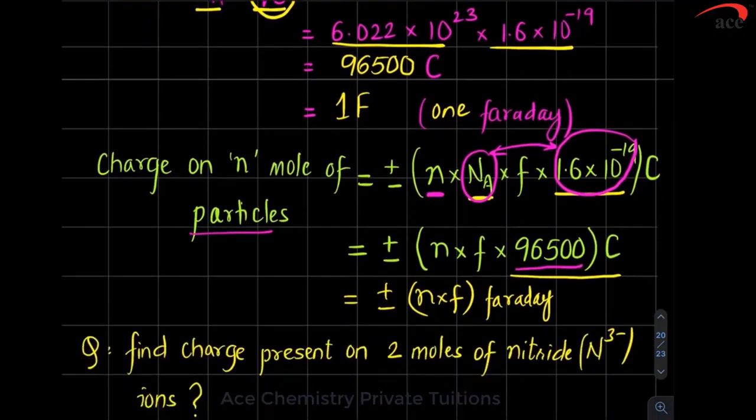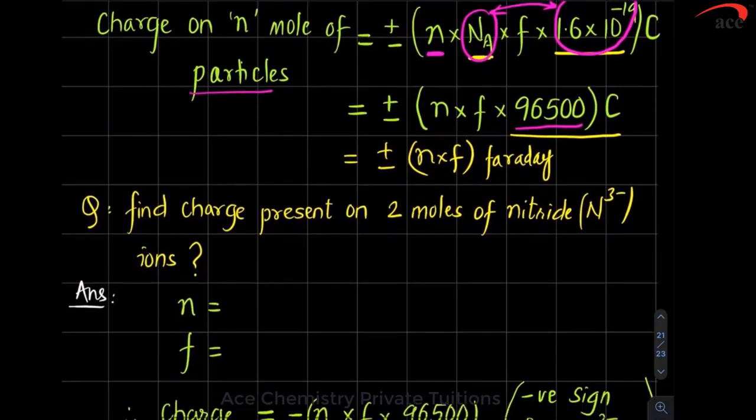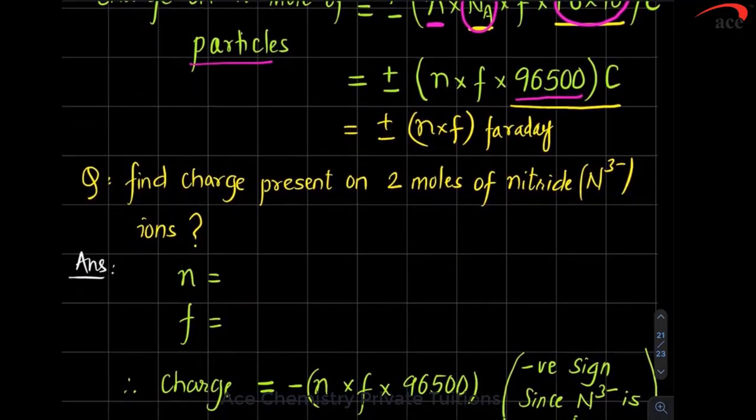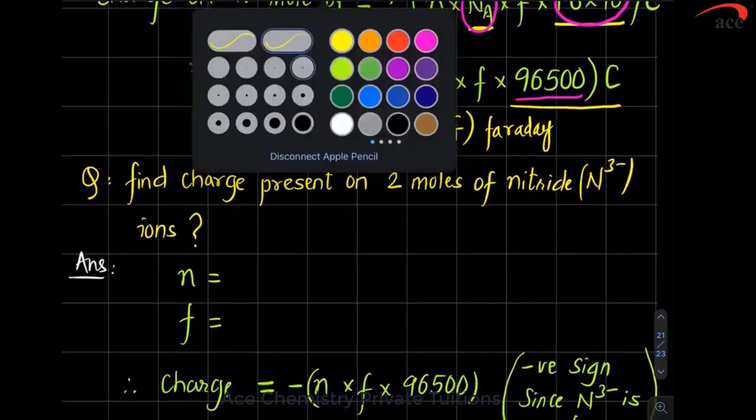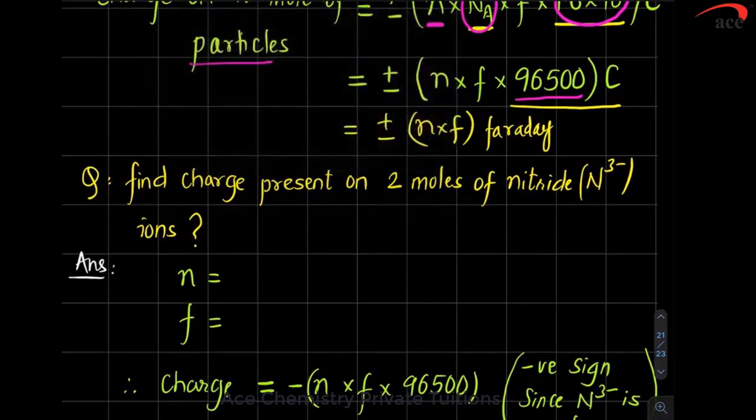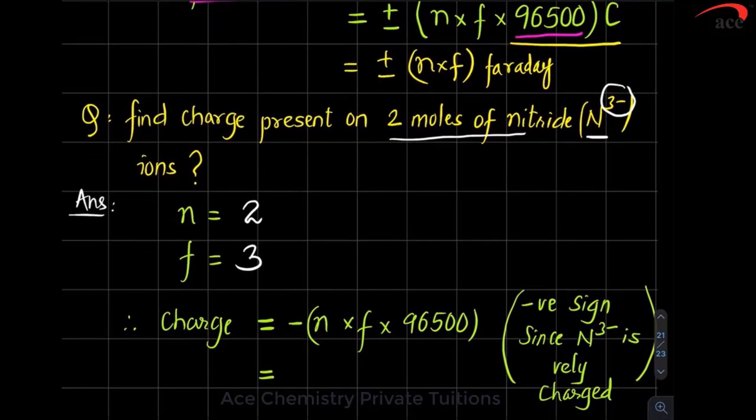Now we'll actually apply this to a question. Find the charge present on 2 moles of nitride ion. In this question, what is the moles? 2. What is the factor? That is the magnitude of the charge present, 3. So what is the formula for charge in coulomb?